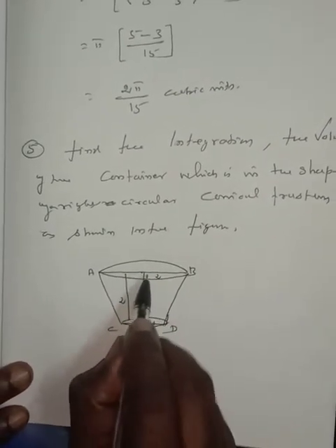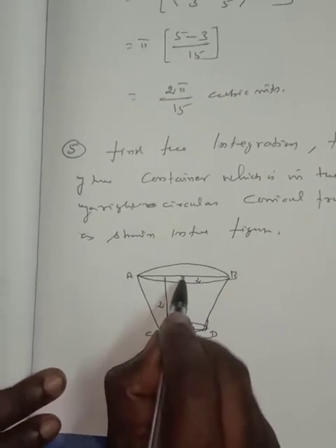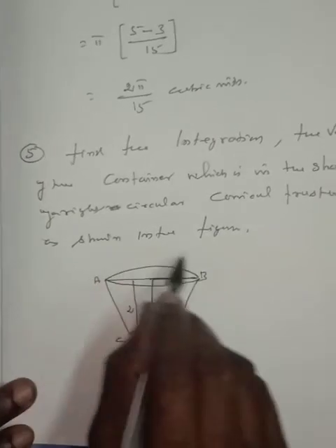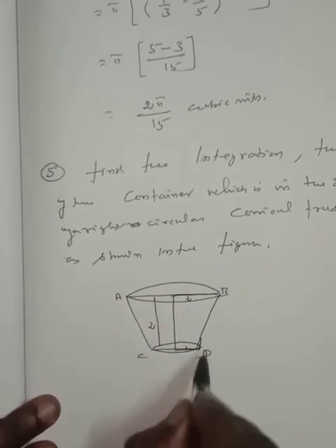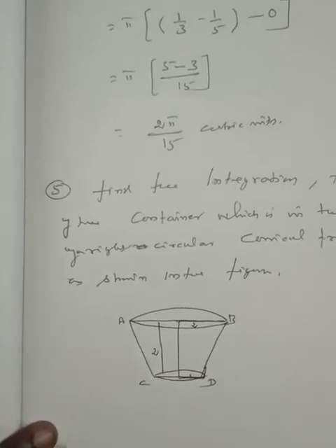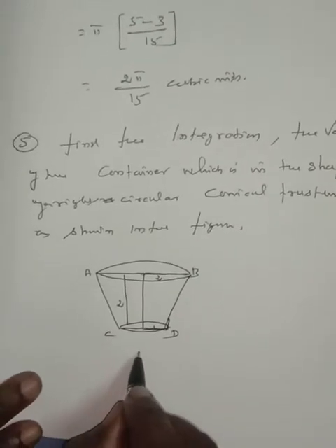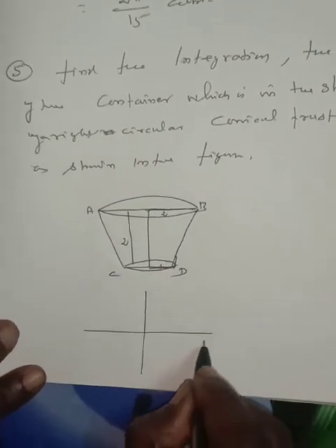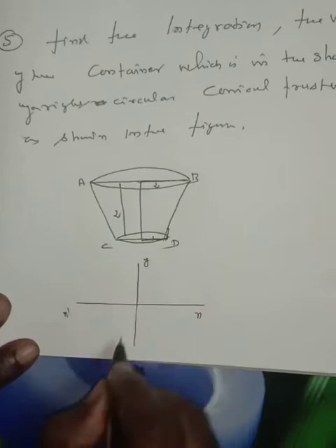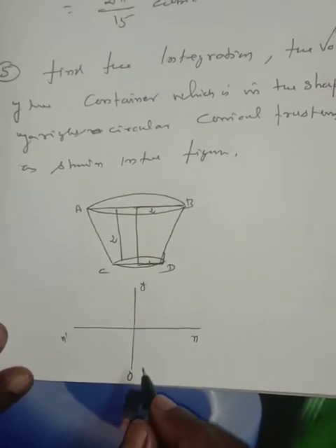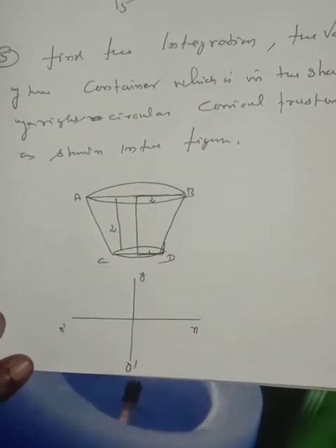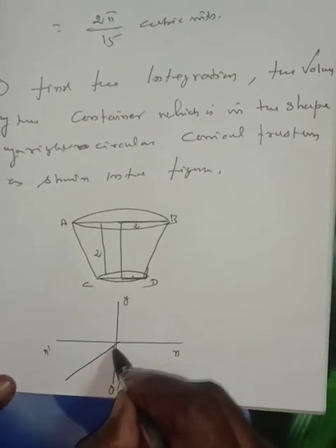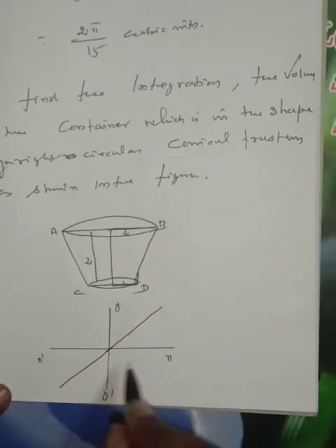Now we have to take this cross section. This is the top radius, this is the bottom radius. Now take x and y coordinates, y dash. The cross section is this form.